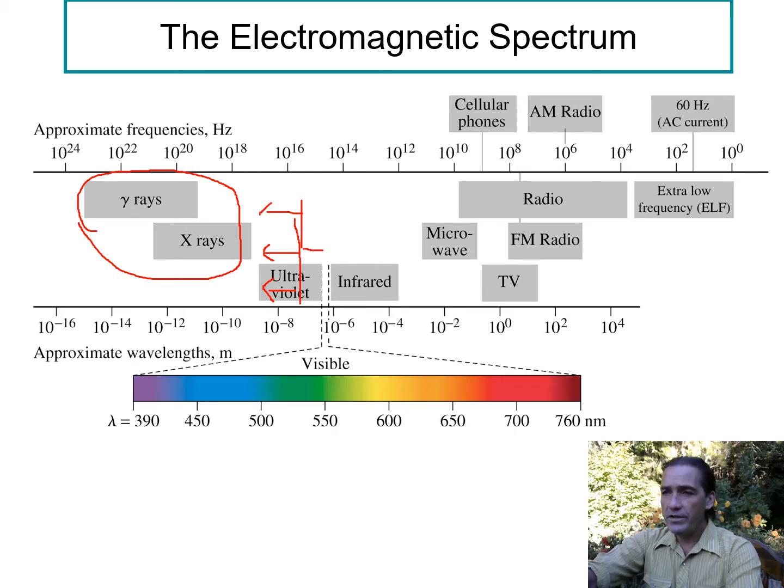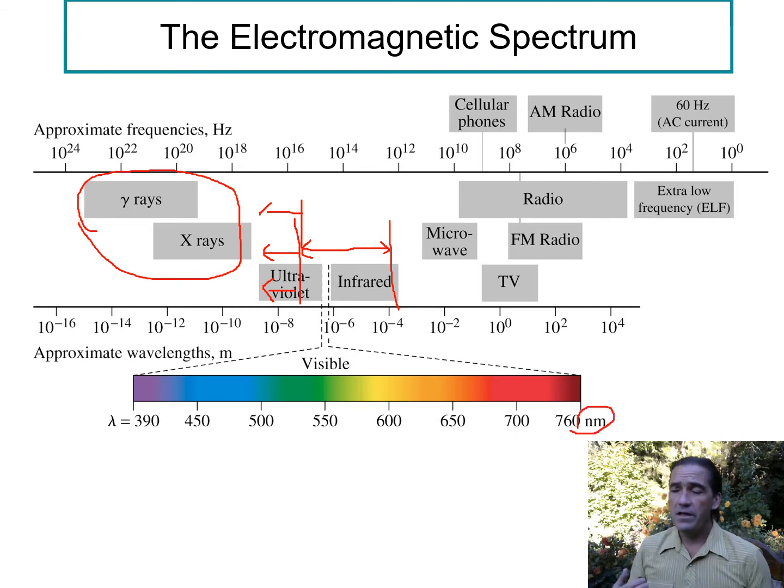And so what we're interested in is this window of the electromagnetic spectrum. This window includes the near ultraviolet, the visible, and the infrared. And so most of the figures will be dealing in nanometers. And so the visible is between 400 and 700, typically.